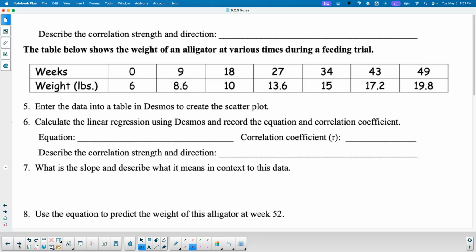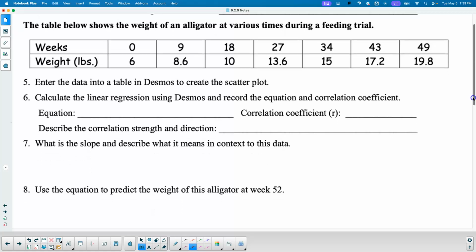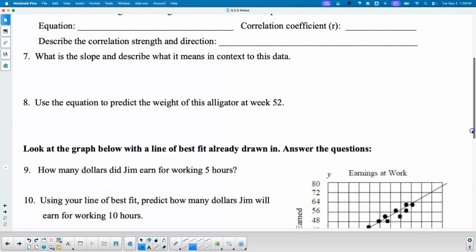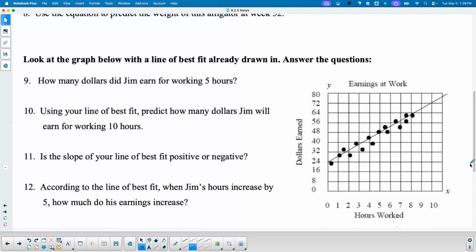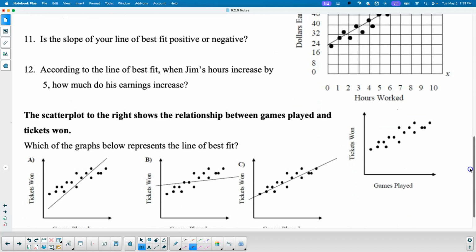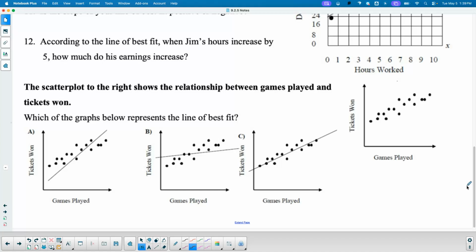Then, straight up Desmos problem, just like we did, 5 through 8. Okay, your weight of an alligator after a certain amount of weeks. Then here is another one of those where it gives you the line of best fit, asks you to answer questions about it. Okay, and then lastly, down here at the bottom, this is the scatter plot over here.